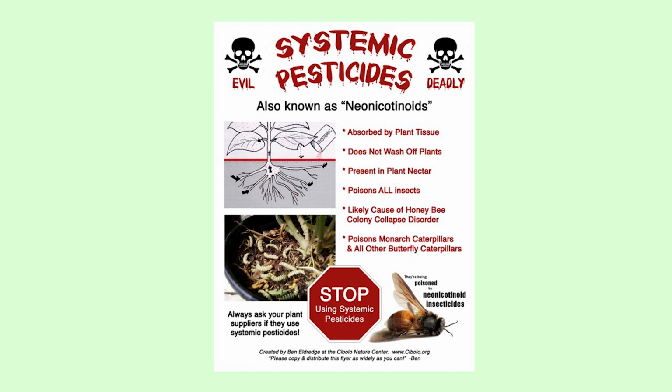It will likely, if it doesn't kill it, weaken it, and it could get killed from other causes. These pesticides have been some of the major contributors to the honeybee colony collapse that has been going on. There are other causes too, but this is one of them.